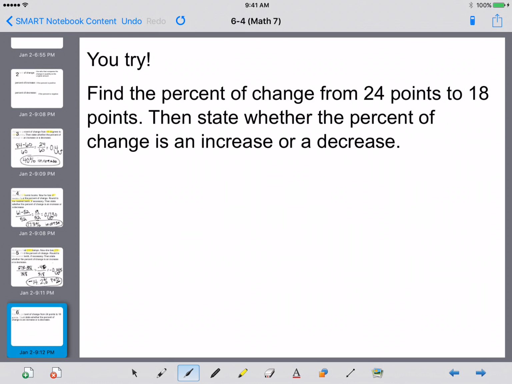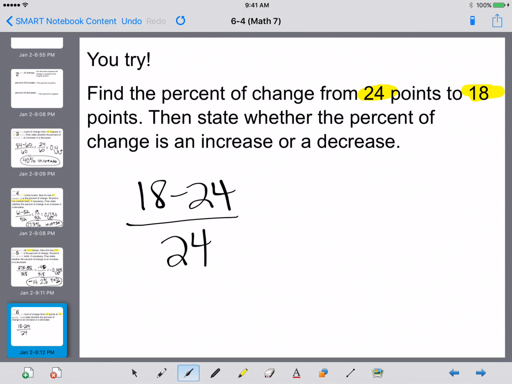Now you try. Pause it, try it, then compare. So find the percent change from 24 to 18. Here we've got new, which is 18, minus original, which is 24, over original, which was 24 once again. 18 minus 24 is negative 6, over 24 never changed.